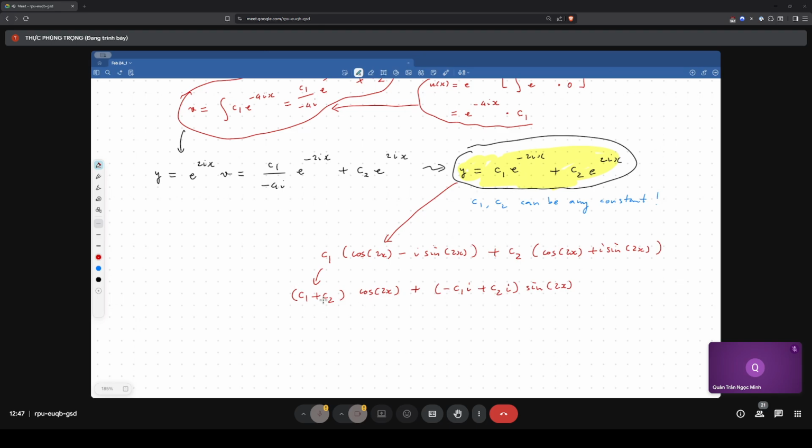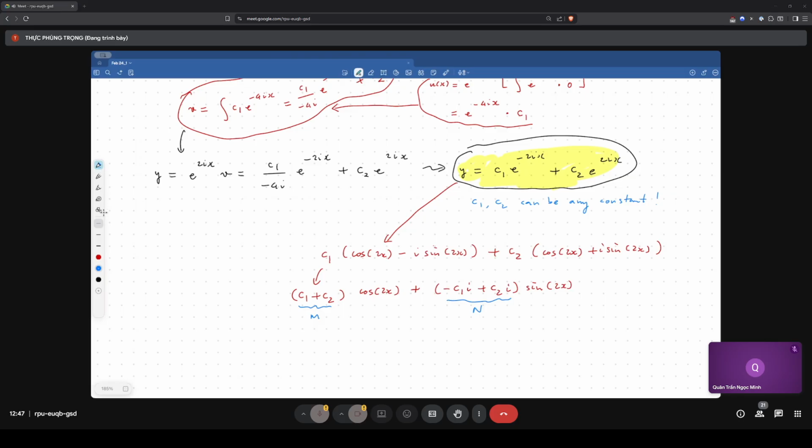But when you look at this one, you see C1 plus C2 can be any number, and this one can be any number also. Therefore, if you want, you can set this one as m and this one as n.